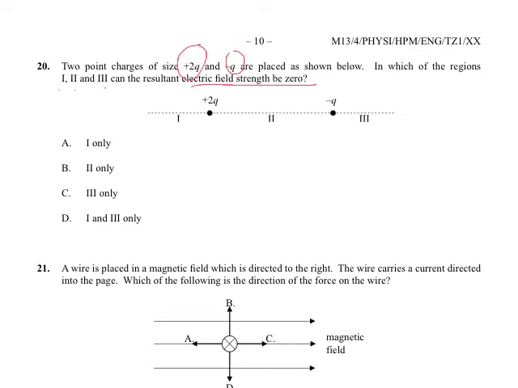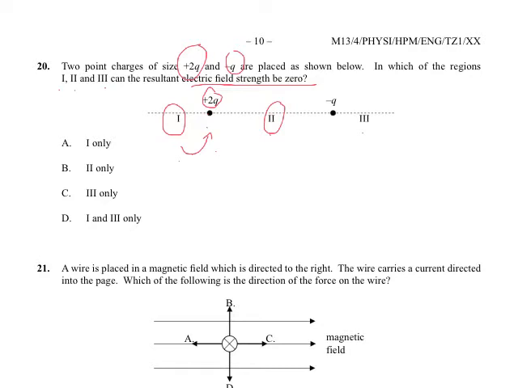You need to decide which combination is going to give you a possibility of there being 0 field strength. Well, at 1, we are very close to the point charge which has the greatest field strength. So it's very unlikely to be 1 because we're too close to 2q. In the middle, we can see that there is an unbalanced situation.